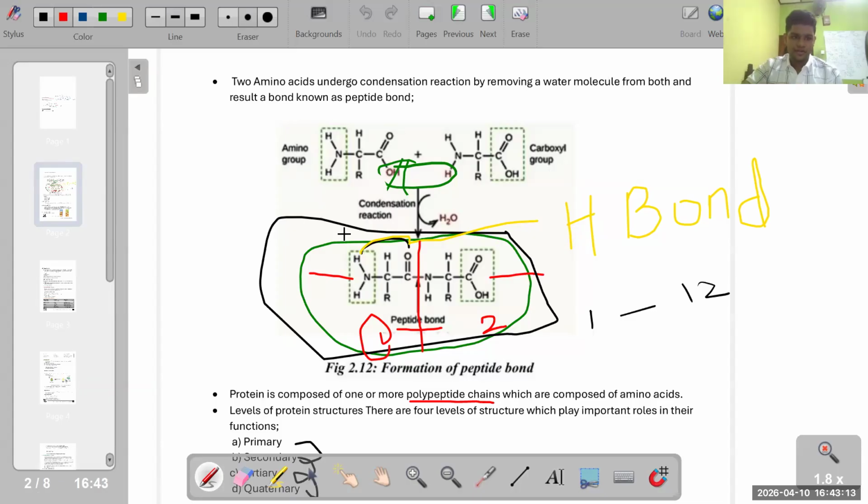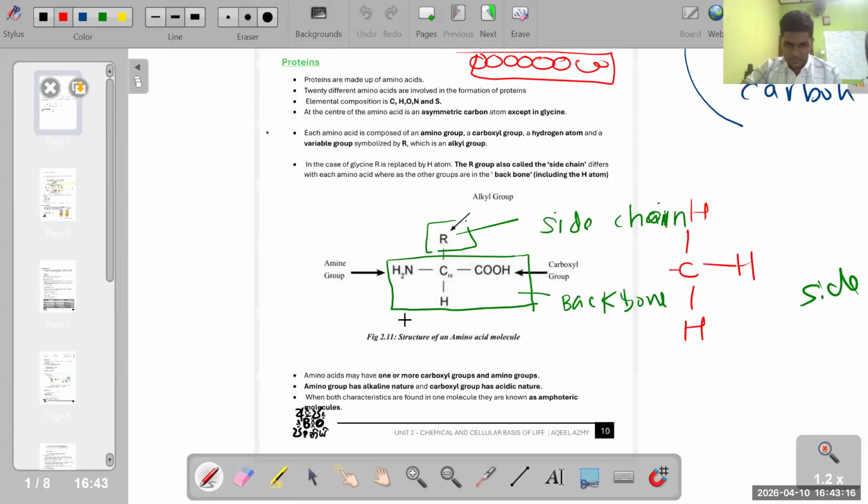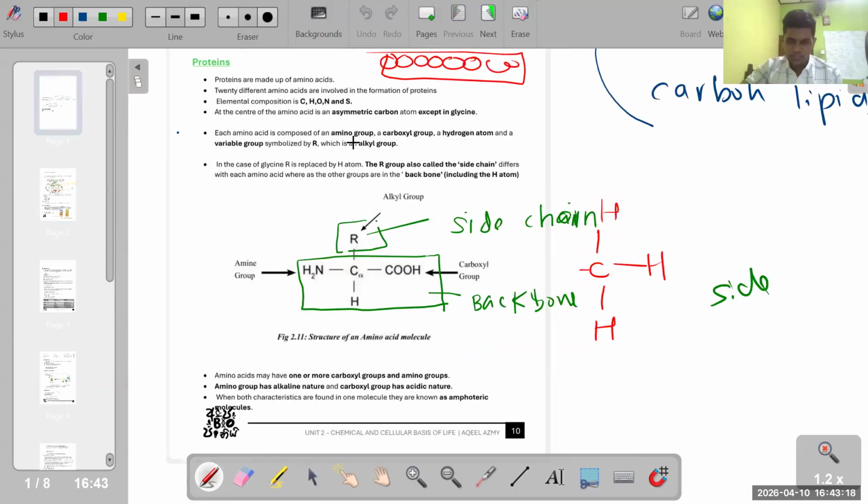No, no, no, wait. Now this is the thing. Now this is an amino acid. In this amino acid, how many backbones are present? Now don't think like this. Some go to this misconception saying that COOH is a backbone, H is a backbone, H2N is a backbone. No, no, no. These three together form one backbone. Can you understand?